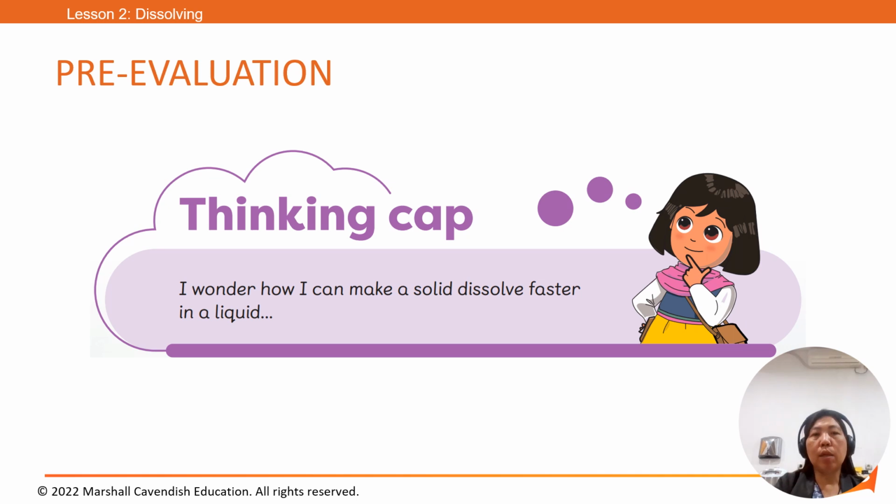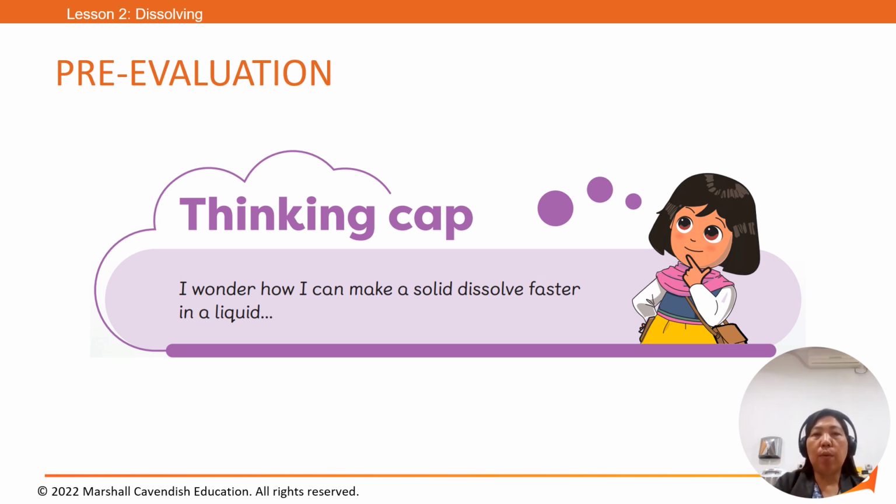Before we do that, please don't forget to open page 85 of your student book. And don't forget to recall a little bit about your lesson in primary 5 about dissolving. How can we make a solid such as salt or sugar dissolve faster in water?